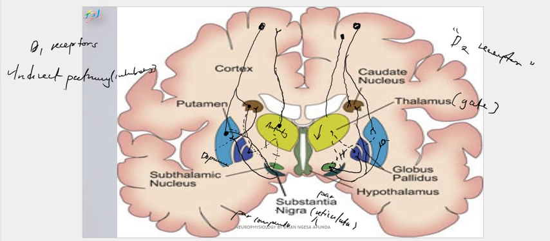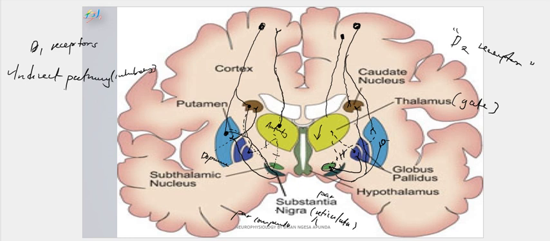You increase dopamine in this pathway because it will enhance the direct pathway, increasing the movement. In this area, it will suppress the indirect pathway, and the end result again is facilitating the movement.